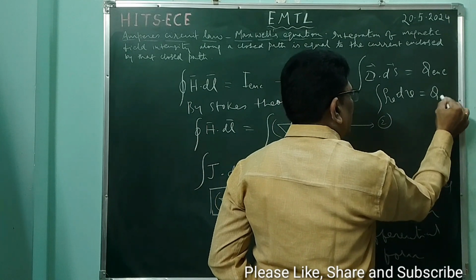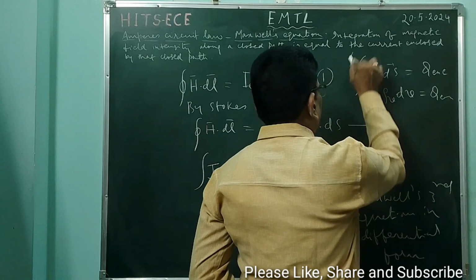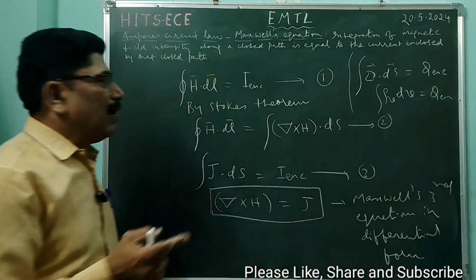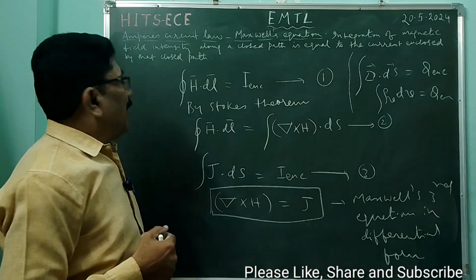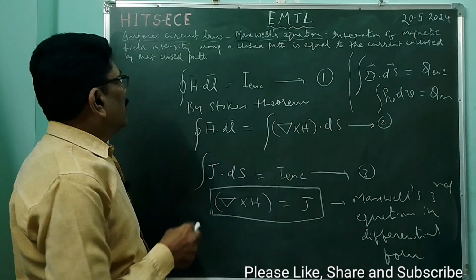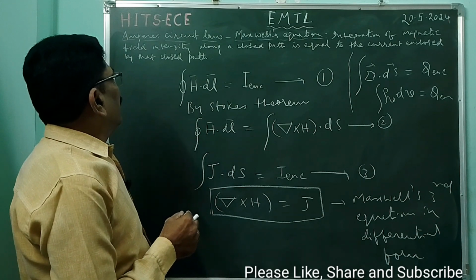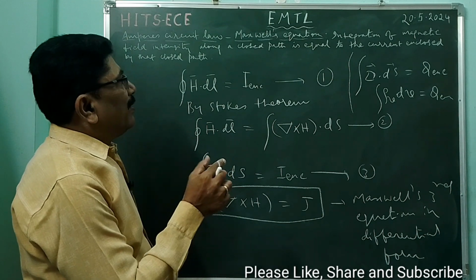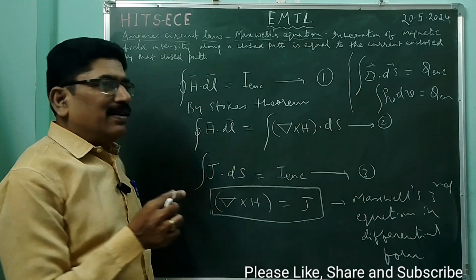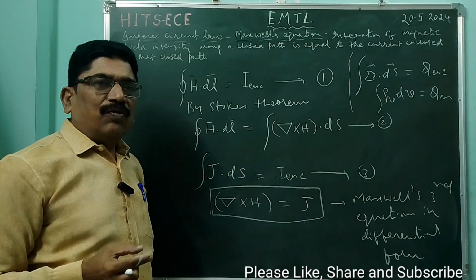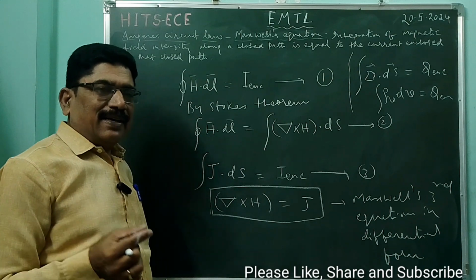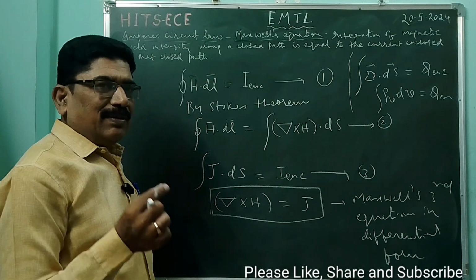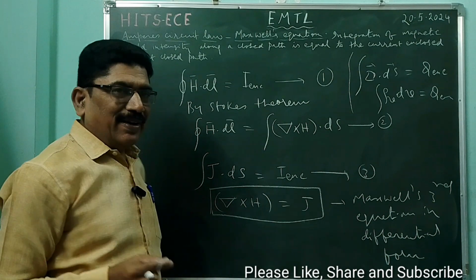These are the similarities between Gauss law and Ampere's circuital law. Now we will see about finding magnetic field intensity for an infinitely long wire, which is carrying current I.